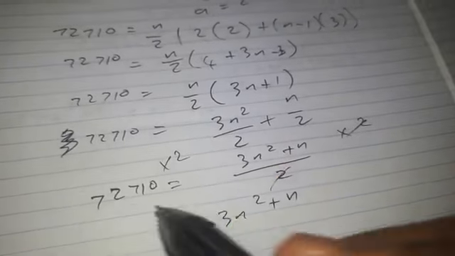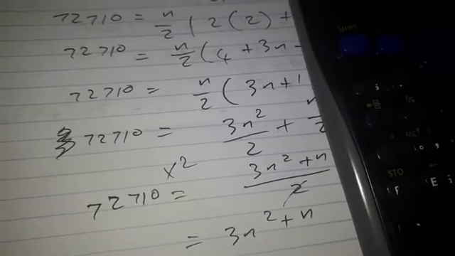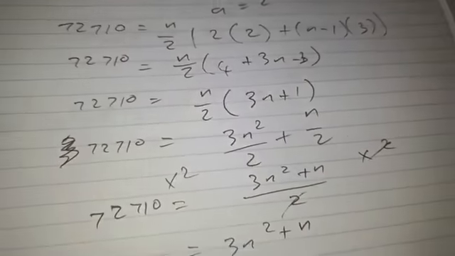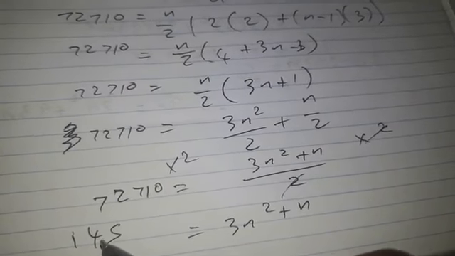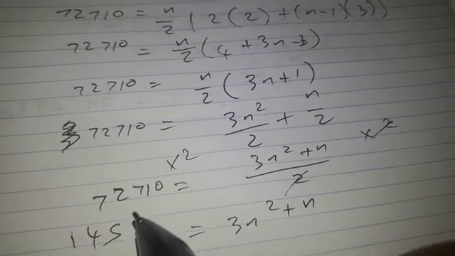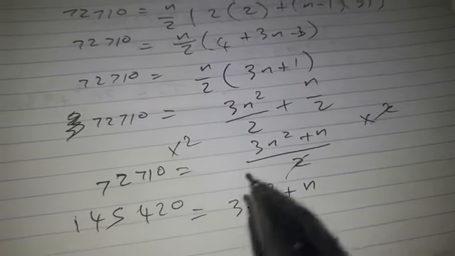Whew, yeah, we might as well just look at that in the calculator. Let's see here, 72,710 times 2. Well, yeah, it's going to be 145,420. Yeah, 145,420.